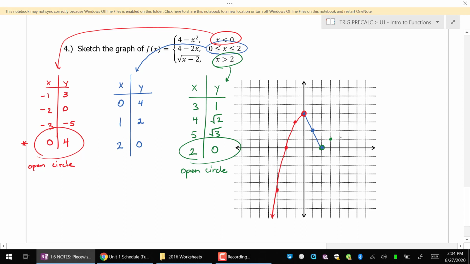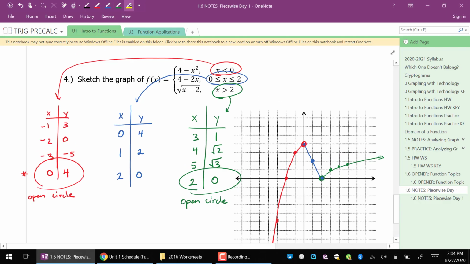And then root 3, even greater. And I can kind of start to see the square root function emerging. So there is my sketch. And that's the piecewise function. That's the graph of this entire piecewise function right here.